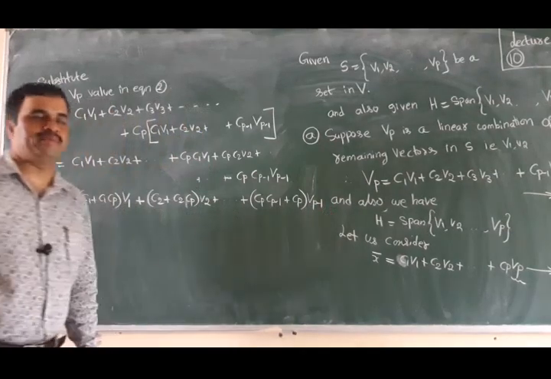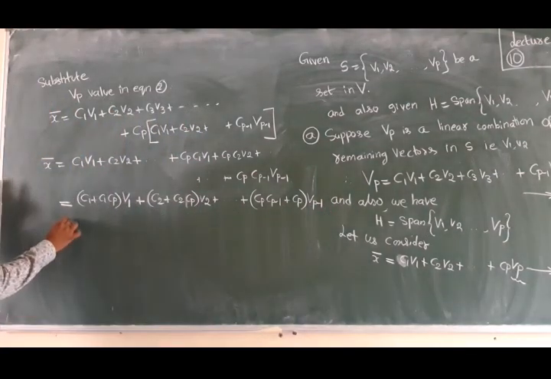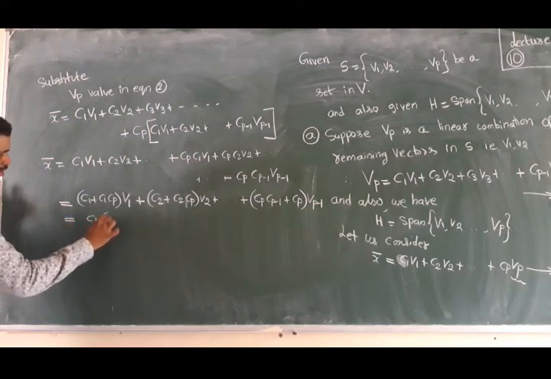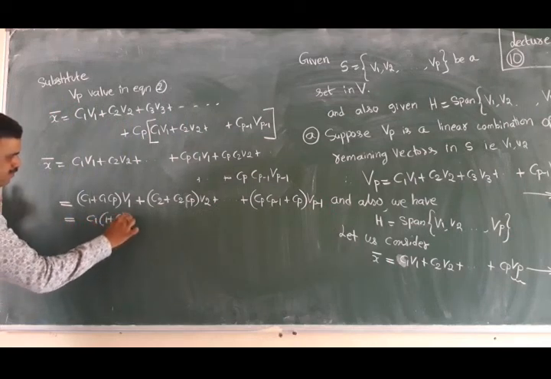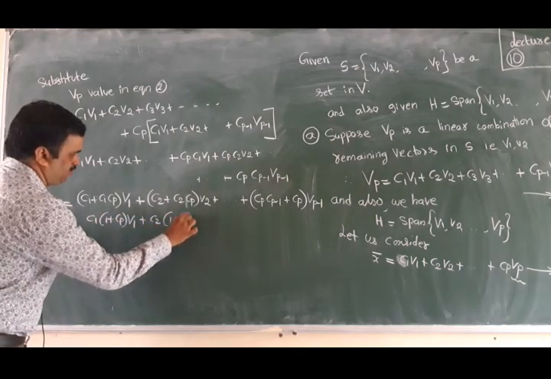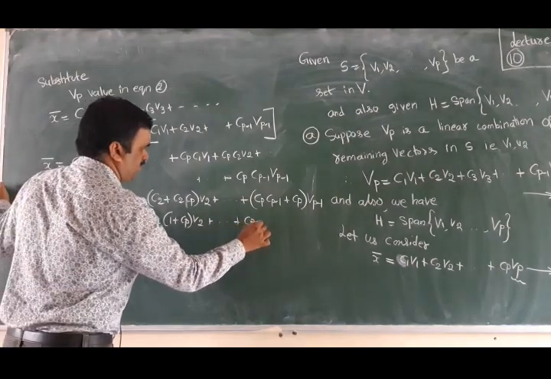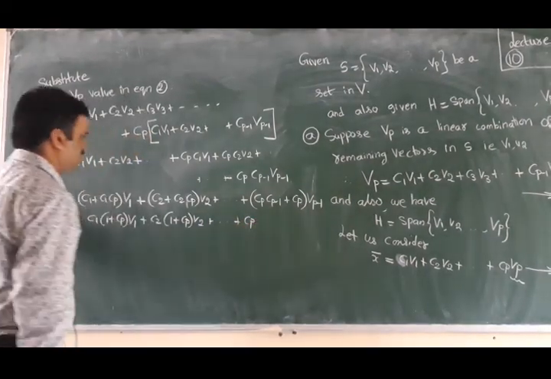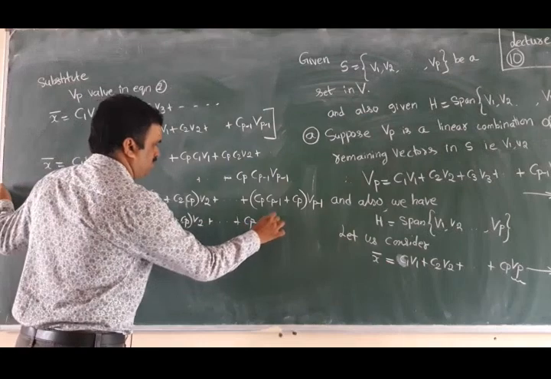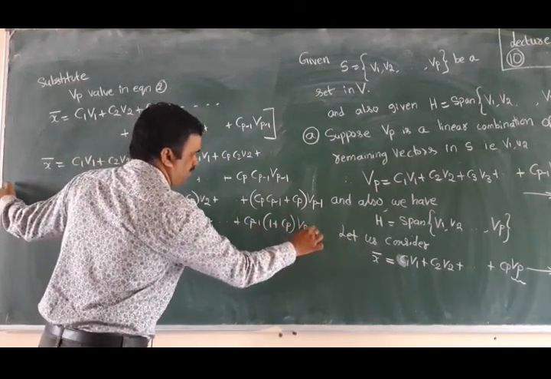We'll get only P minus 1 vectors. If you want, you can write it like this also: C1 times 1 plus Cp times V1, C2 times 1 plus Cp times V2, plus so on, Cp minus 1 times 1 plus Cp times Vp minus 1.